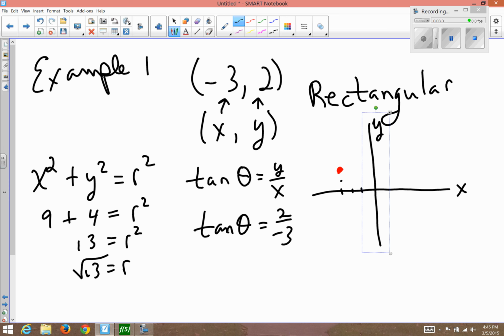I have my calculator in degree mode, and I am pressing the buttons, first checking to make sure it's in degree mode. Then I press second tangent 2/3, not using the negative, on purpose.